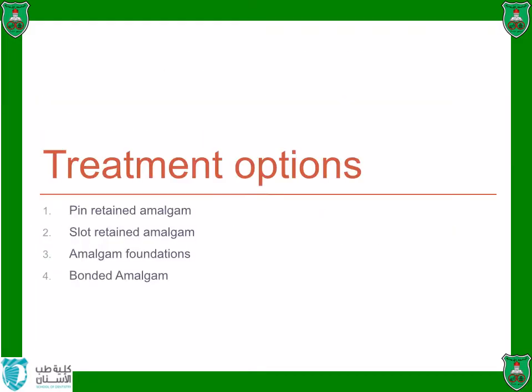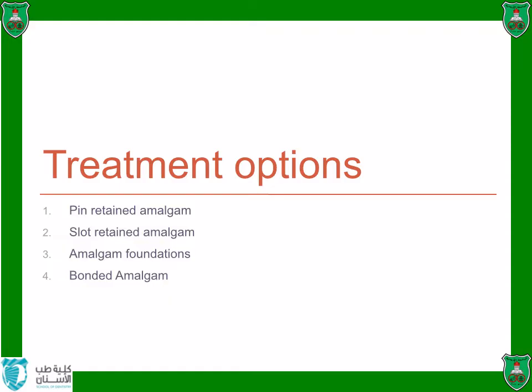Now, what are the treatment options that we have to use amalgam as a restorative material for grossly carious teeth? We should remember that we need large mechanical retention for amalgam because those restorations are large. So we can use different types of secondary retention, like using pins and slots.